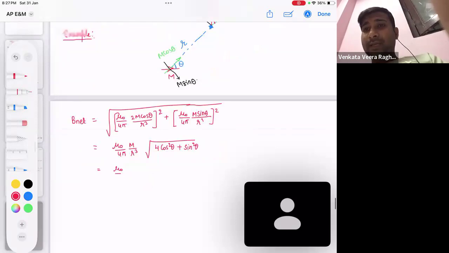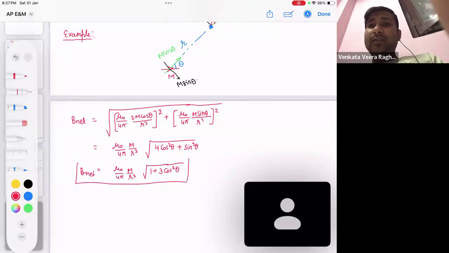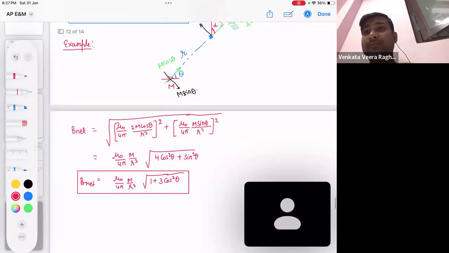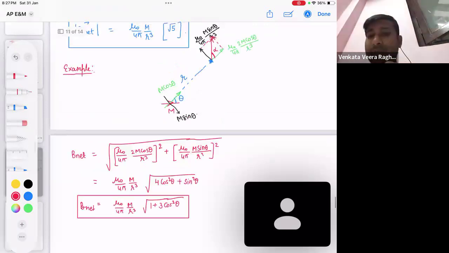It will become mu naught by 4 pi m by r cube, right? And it is coming root of 1 plus 3 cos square theta. This is the net magnetic field at that point. This is also called the magnetic field due to a dipole at a general point, not the axial, not the equatorial.